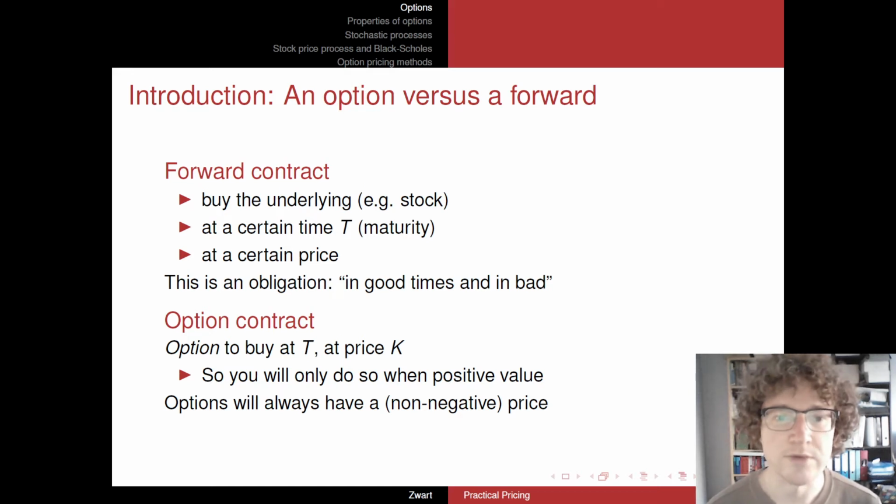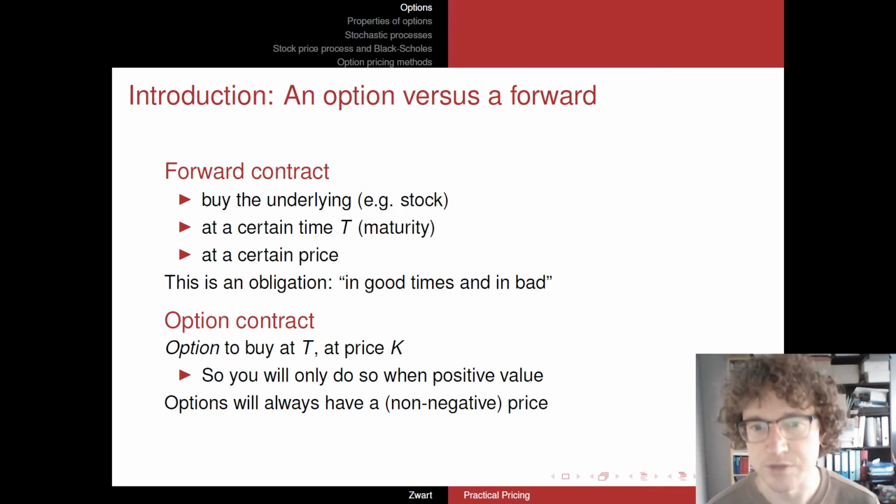So that's a forward contract. An option contract, on the other hand, provides me with the choice whether I want to use that right. This option would say that I can buy this share from you at a particular price, let's call this K, the 20 euros we just talked about. So I have the right to buy this stock from you 1 month from now at time T, the maturity, but I don't have an obligation to do so.